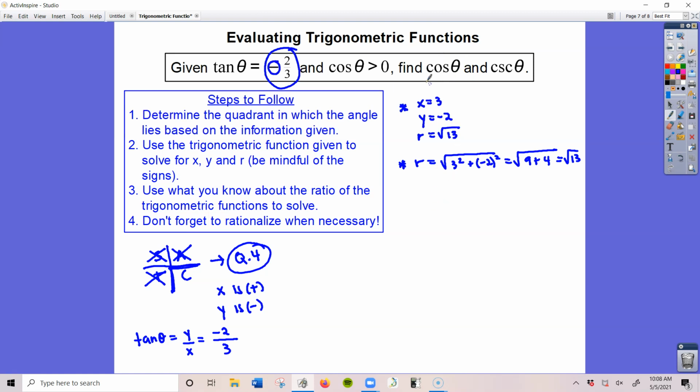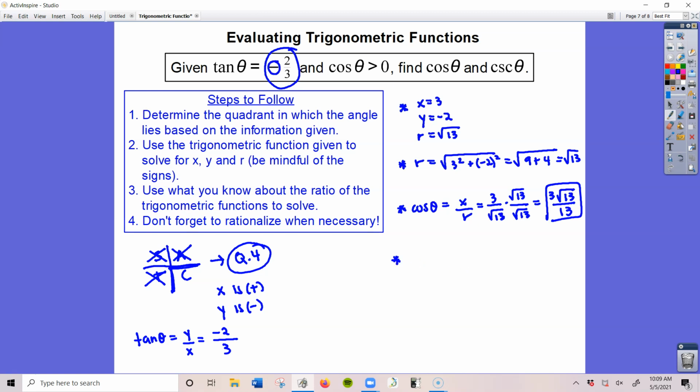So now, if I want to find cosine, cosine of theta is equal to x over r. So x is 3 and r is the square root of 13, which now I rationalize. And I get that cosine is equal to 3 square root of 13 over 13.